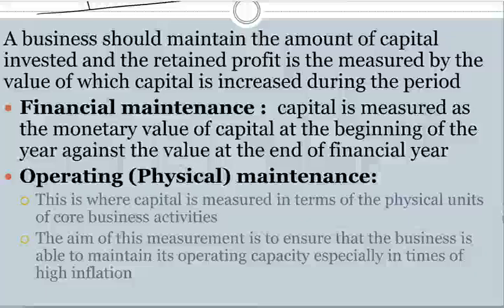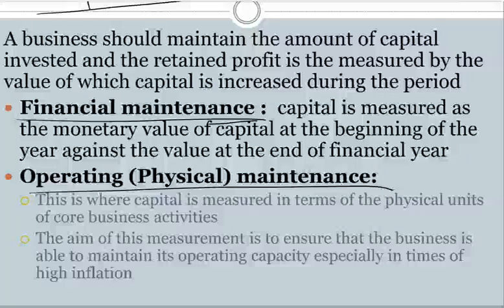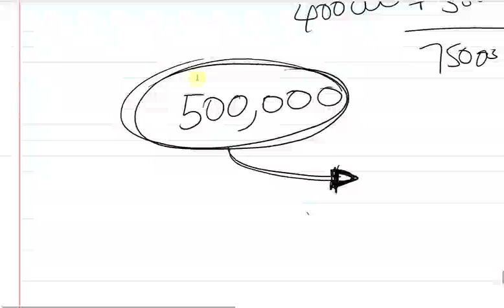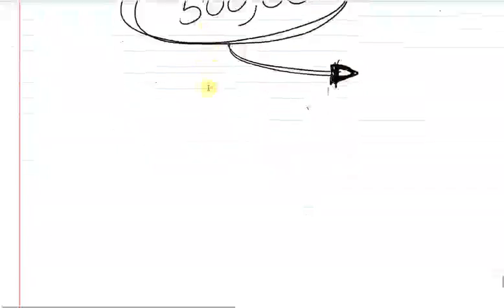So we have two models that we can use to measure capital maintenance. We have the financial maintenance and we have the operating or physical maintenance. For the financial, capital is measured as the monetary value of capital at the beginning of the year against the end of the year. So you are asking how much do I have at the beginning of the year?